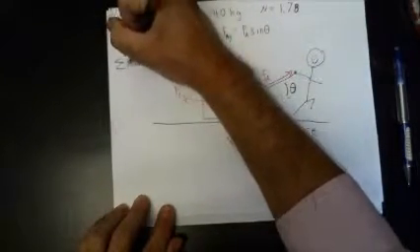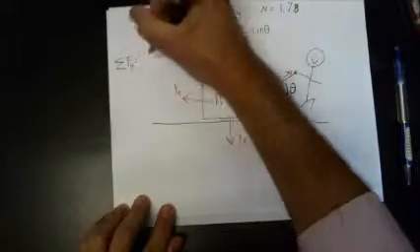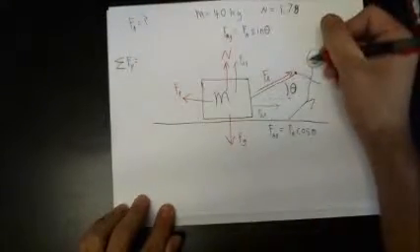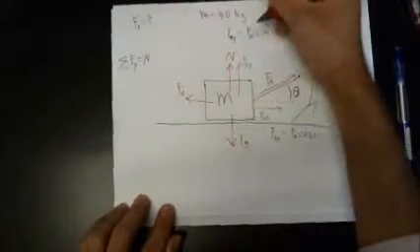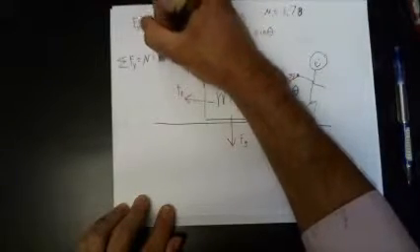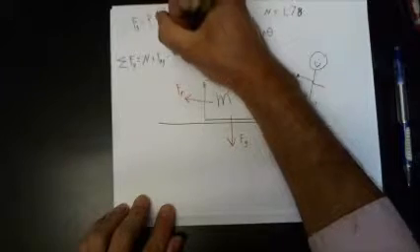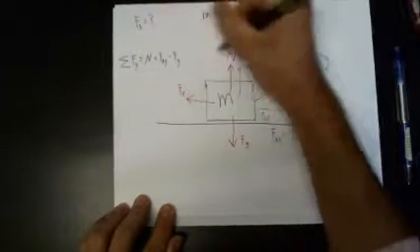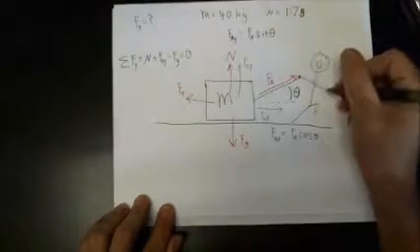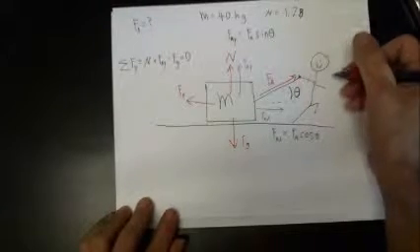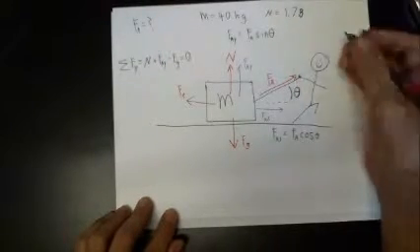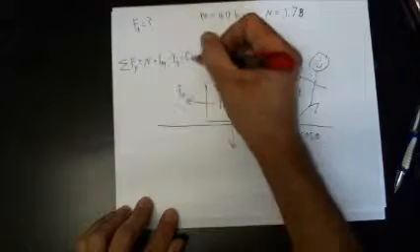Sum of the forces in the y direction is equal to the normal force going up, positive, plus force applied in the y direction going up, and minus force due to gravity going down. All this equals 0. Now some of you may be wondering, how do you know what to do with this?